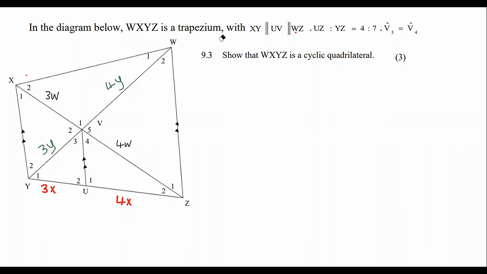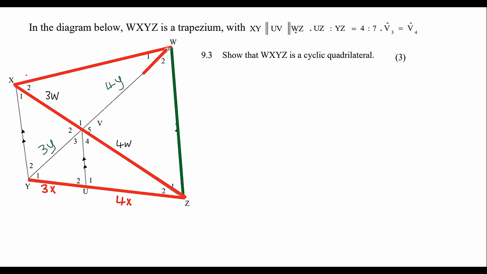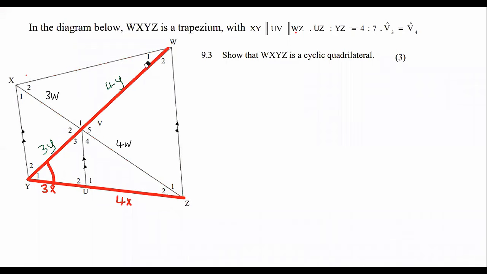You could also use this one as your base, and then the angles that you would prove would then have to be, you'd go this way and this way. So then the angles that you would prove would be this one and that one. Okay, so if you can get any one of those to work, then you have proved that it's a cyclic quad. All right, so I'm going to start at the bottom.